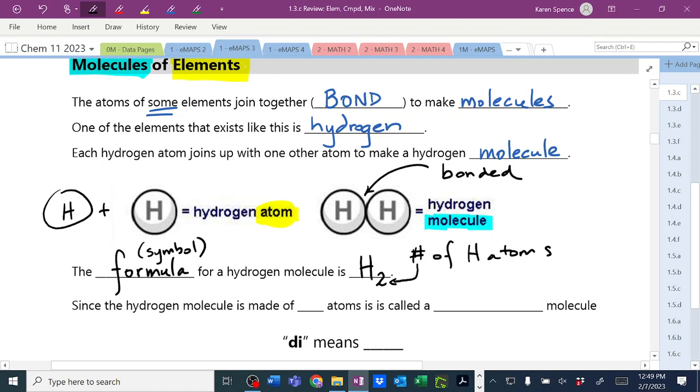All right, since the hydrogen molecule is made of 2 atoms, we're going to use the word di, meaning 2, and we call it diatomic. Because it's 2 atoms, diatomic.